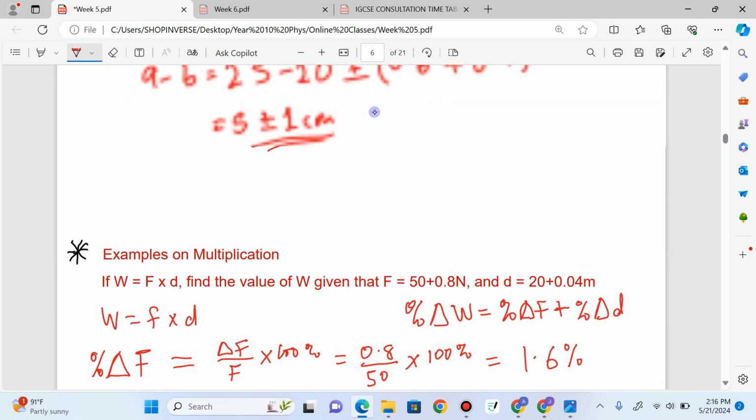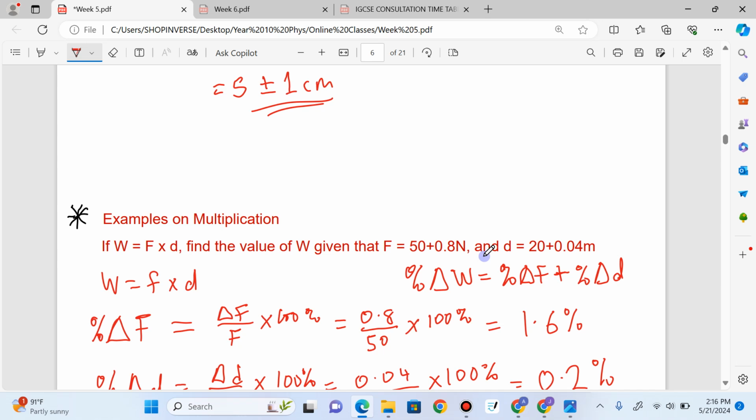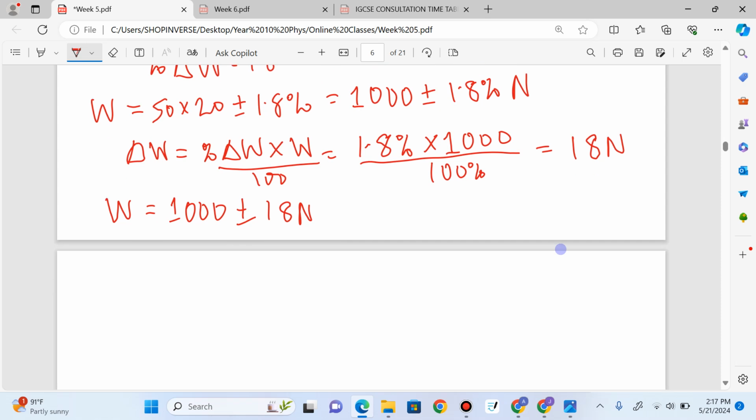So if I want to consider the fact that I have my uncertainty in force as one significant figure, uncertainty in distance in one significant figure, then I can express my uncertainty in W also in one significant figure.